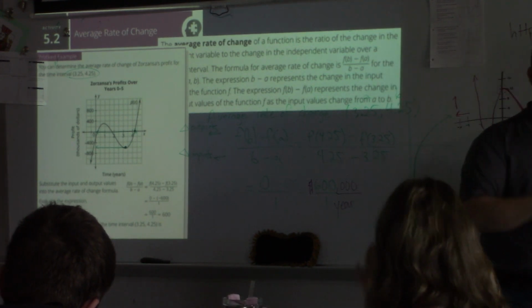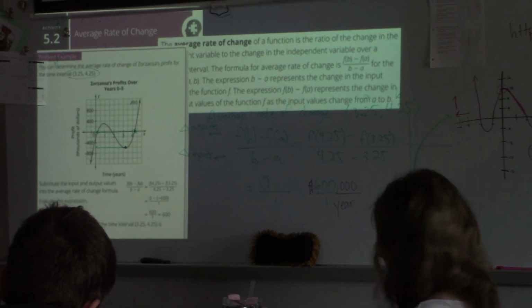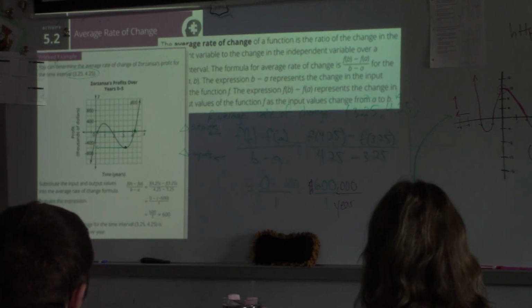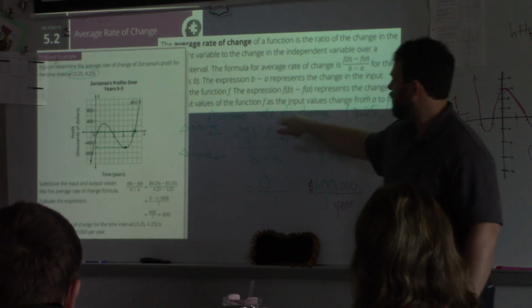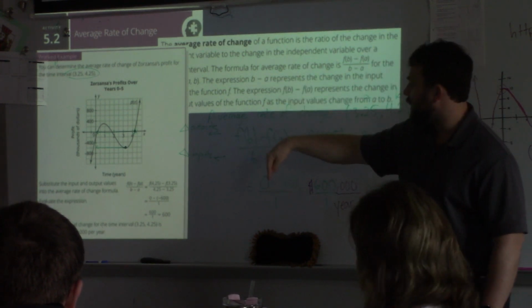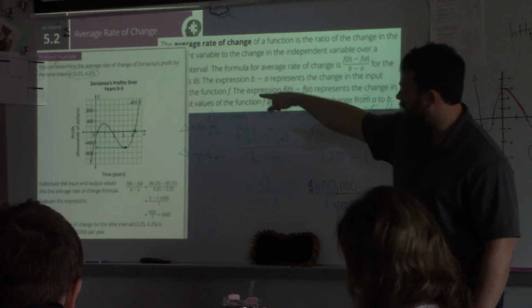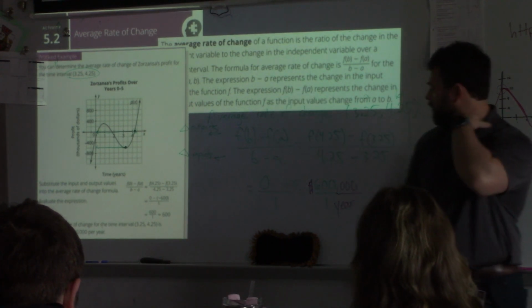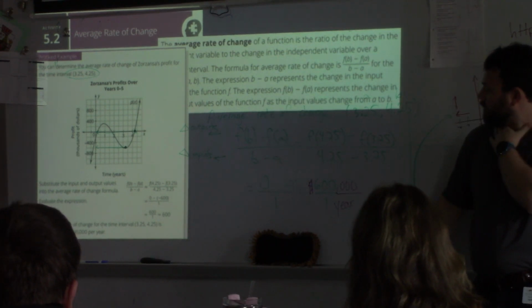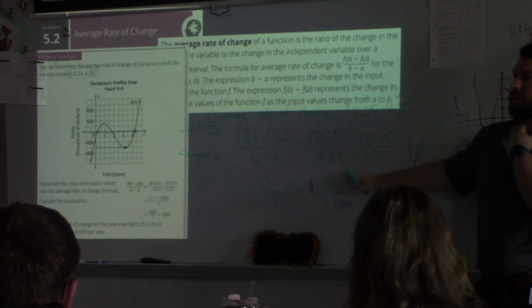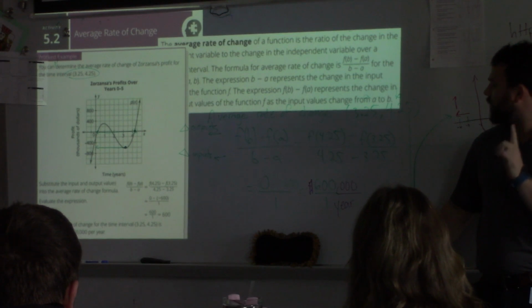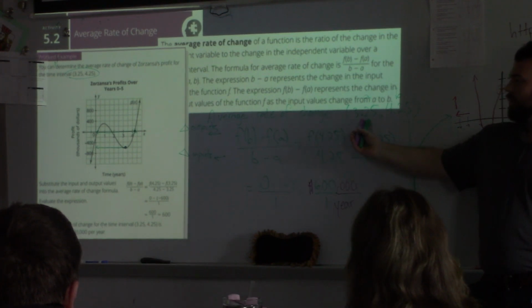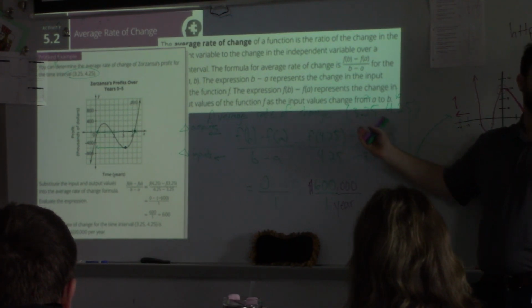And this is important for the next lesson that we do to start the next unit. I need you to pay attention to this. This is a what? So on average, this company does what? Makes $600,000 per year, but be careful, is that always true? No, it's also only on this interval.